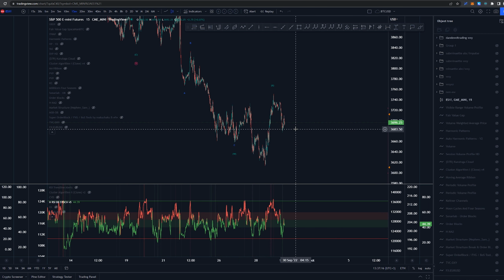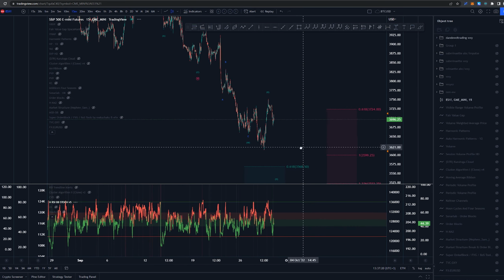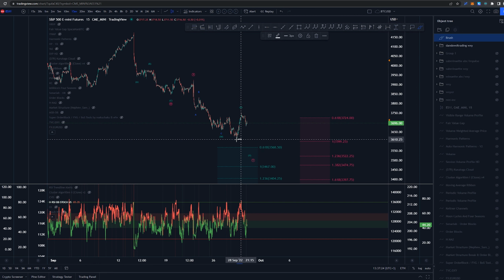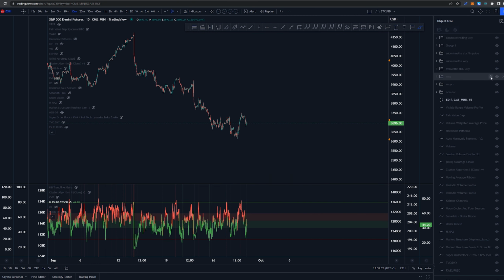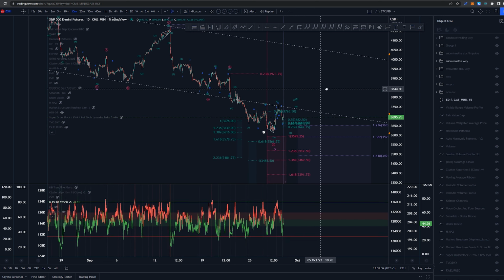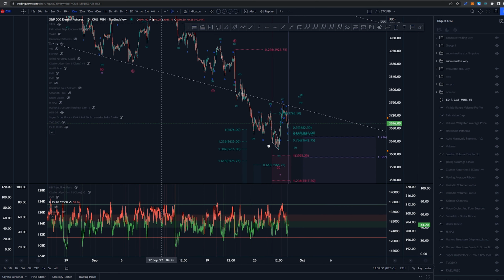Otherwise, this does not work, or it doesn't fit into my structures here. So I would be considering this as a possibility if we're going to be taking out these lows that we currently have. Otherwise, I'm still going to be sticking with my main count, and we'll see if I can figure out something here that could be fitting in otherwise as well.